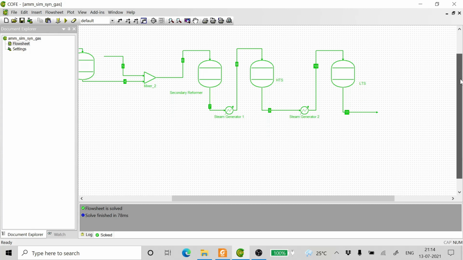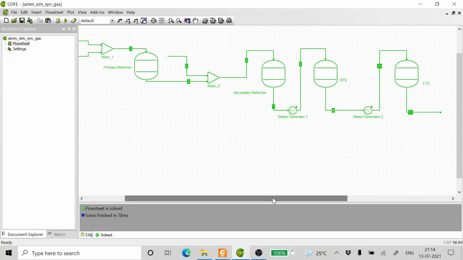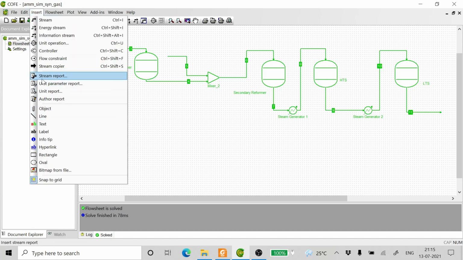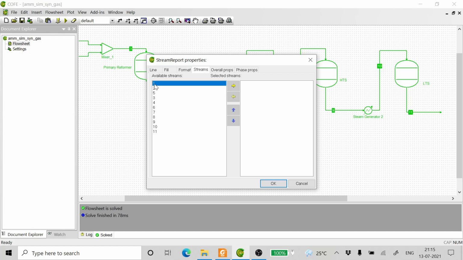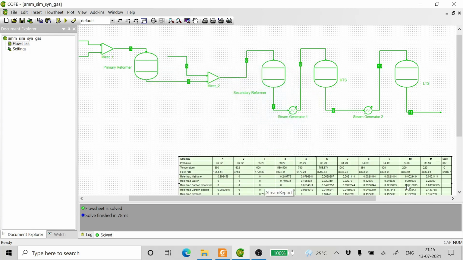Now, if you want to look at the results at a glance, the best way is to go to Insert, go to Stream Report, click, select all the streams, place them here and click OK.